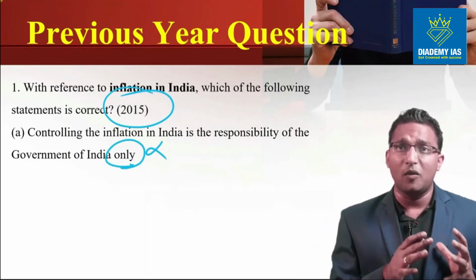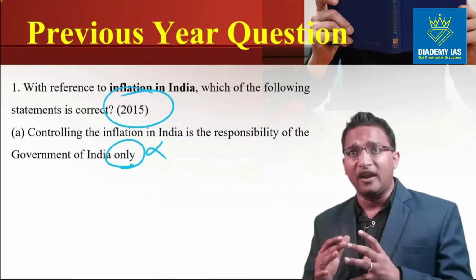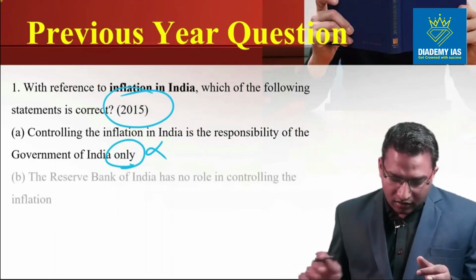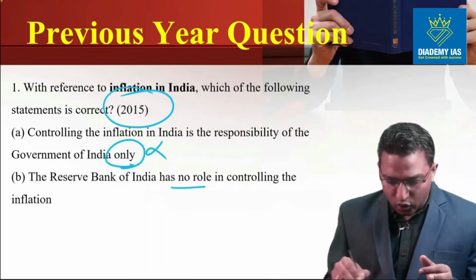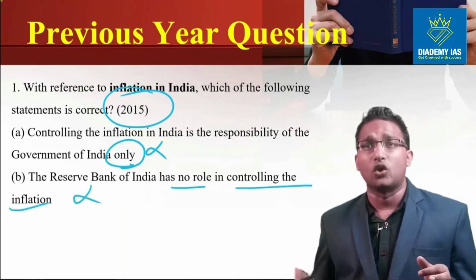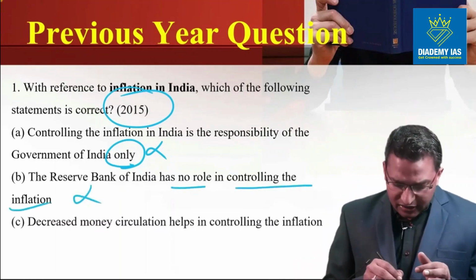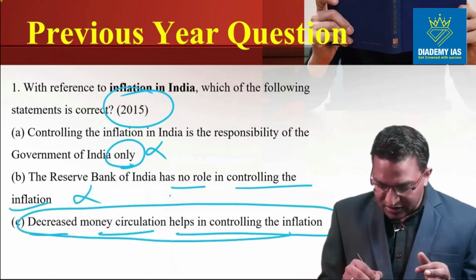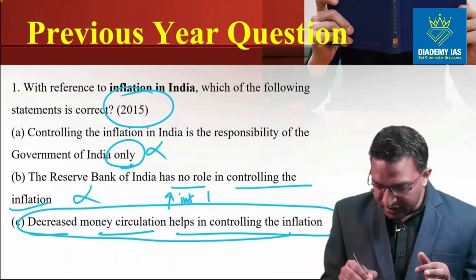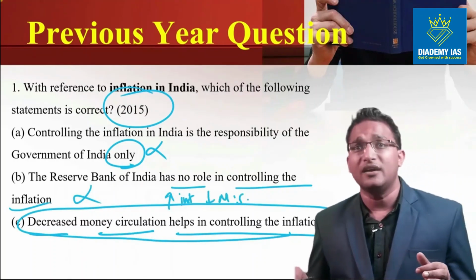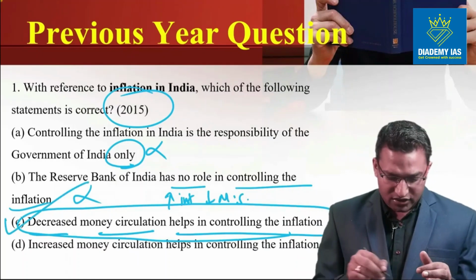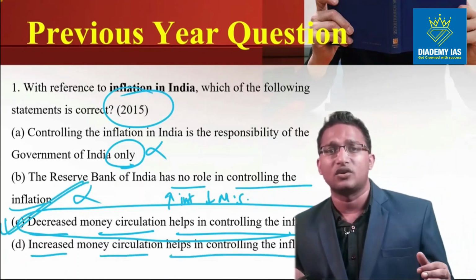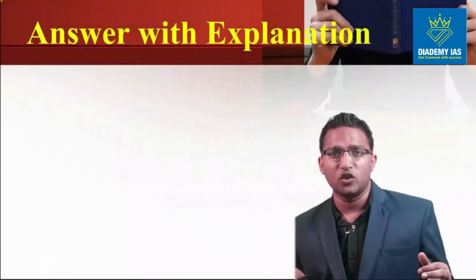It is not only the Government of India, but also the Reserve Bank of India and the state governments. B. The Reserve Bank of India has no role in controlling inflation. This is also clearly a wrong answer. C. Decreased money circulation helps in controlling inflation. This is very true. When we increase the interest rate, money supply is reduced, and this reduces inflation. D. Increased money circulation helps in controlling inflation. This is wrong. So the answer is option C.